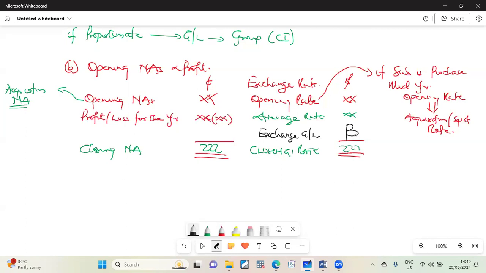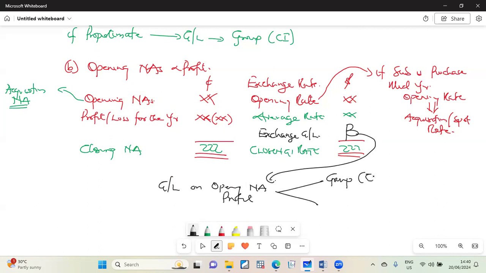And again, this exchange gain or loss, like we said, is the exchange gain or loss on opening net assets and also on profits. So you split it between the group, which is the CI, and also the NCI, based on their percentages. All right, so that is that.